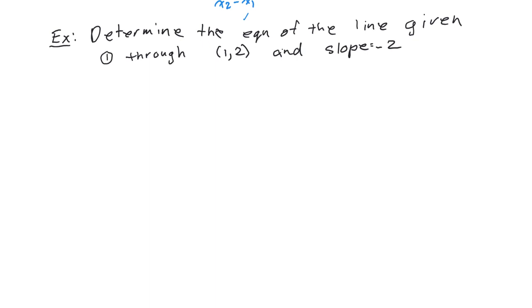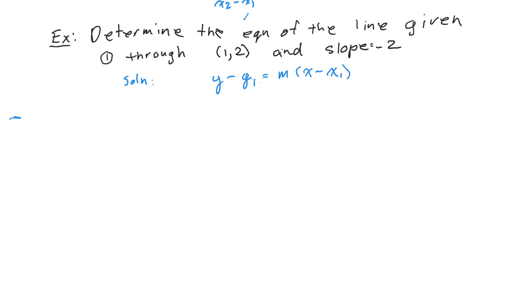So for this problem, you're going to start by using this special form of the equation. y minus y1 is equal to m times x minus x1.